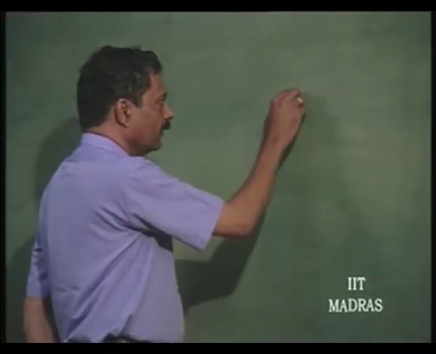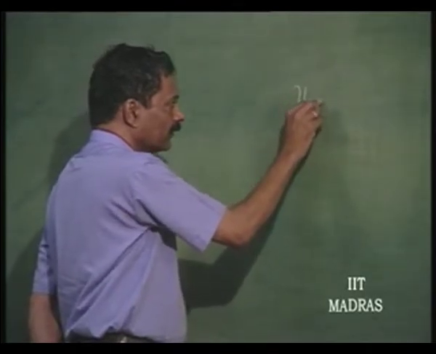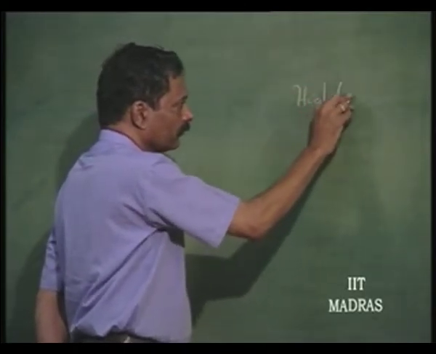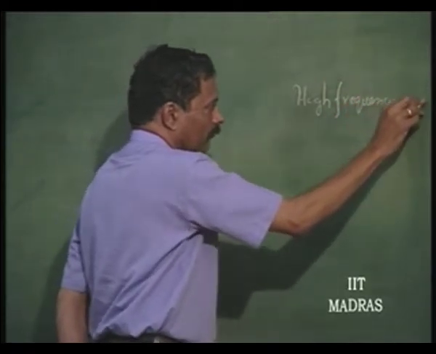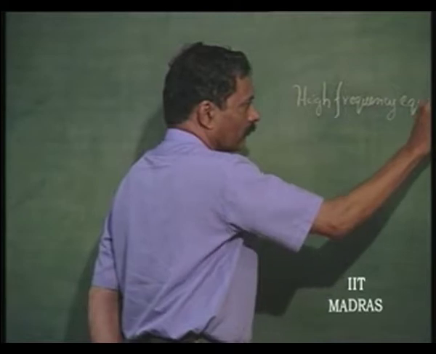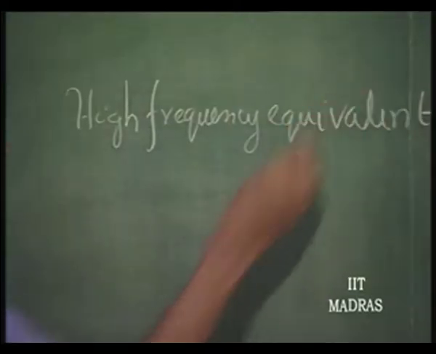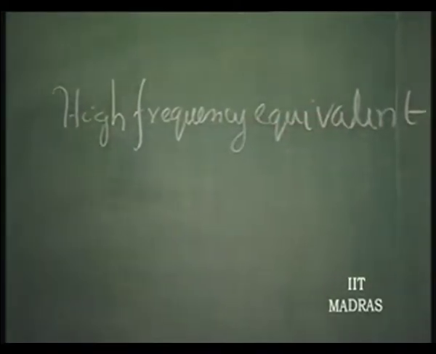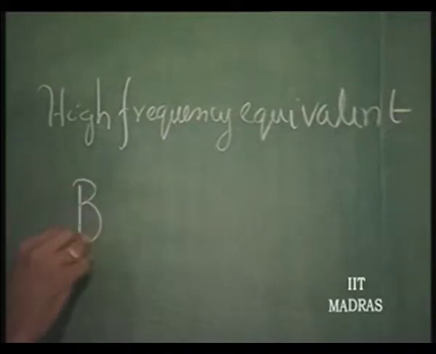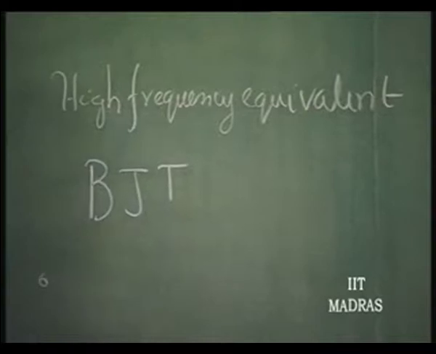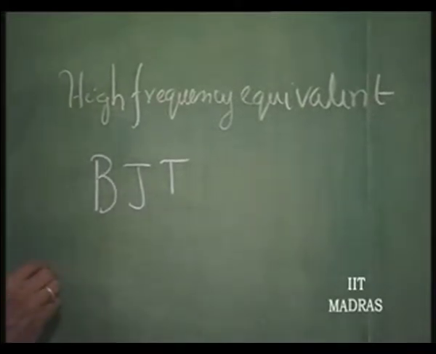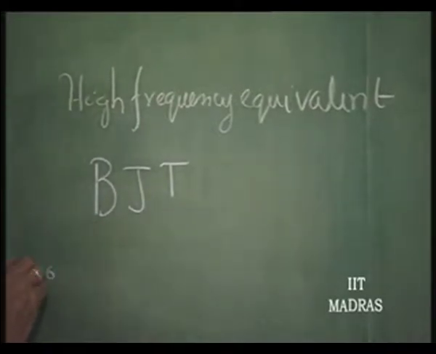Now, as far as high frequency equivalent circuits are concerned, for the bipolar, in the case of the common emitter high frequency equivalent circuit, you start with base.